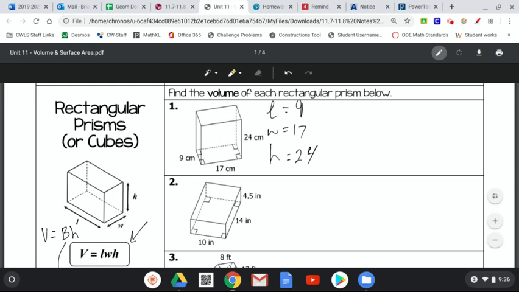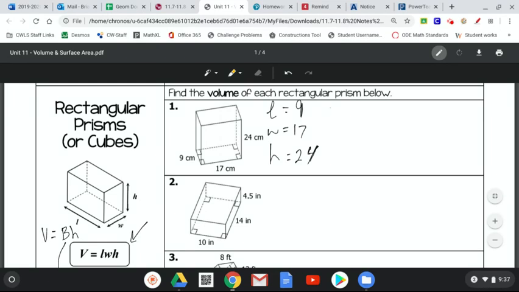And this is where if you have a rectangular prism, meaning it looks like a cereal box or a cube, it's pretty simple to find the volume because all you do is you just multiply them together. So when you're doing this with a rectangular prism, basically the 3 numbers they give you, we're multiplying them together.